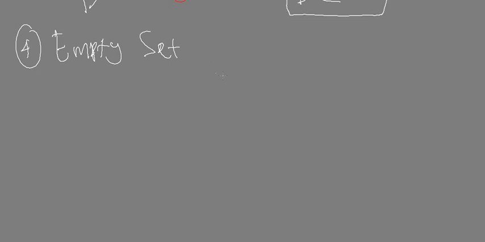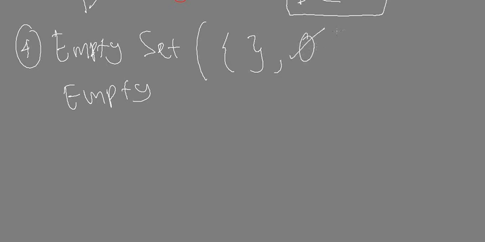It's self-explanatory. Empty set means empty. The symbol is two curly brackets with nothing inside, or we can write it as a zero with a cross through it like this. These two represent the empty set.